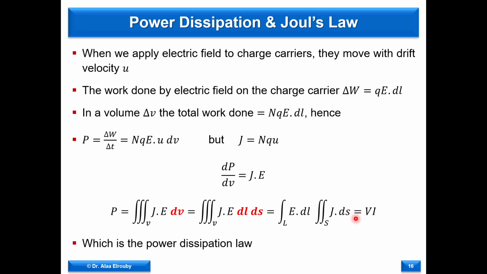We know this is I, and this is V, and from the electrostatic field equations we can prove that the power dissipation equals V I, which is the regular law of power dissipation.